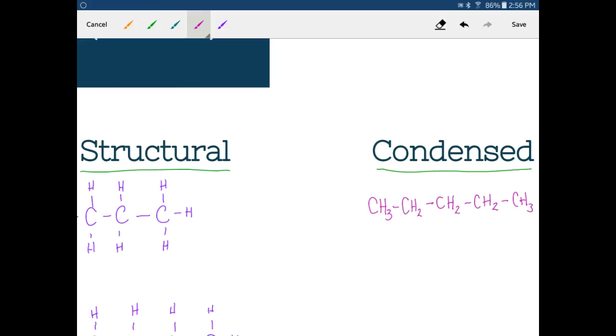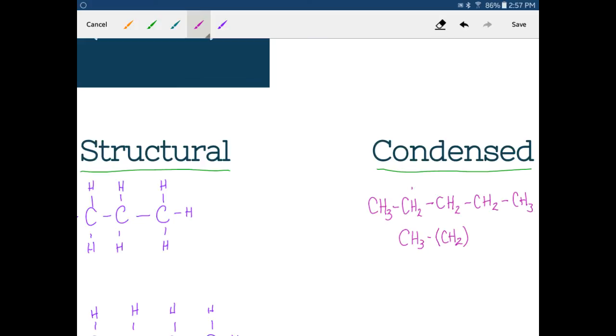Now, to condense it down a little bit more, what we like to do as chemists, because quite frankly, we're lazy and we don't like to write out more letters than we need to, is write something like this: CH3, and then CH2 in brackets. For the CH2 in brackets, I'm just going to count how many CH2s I have in a row.